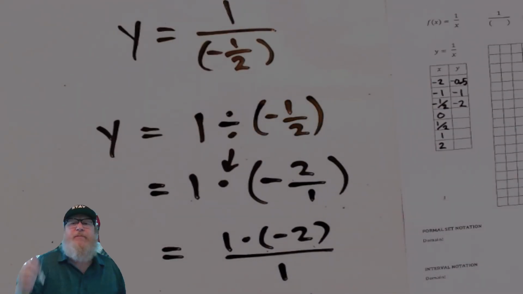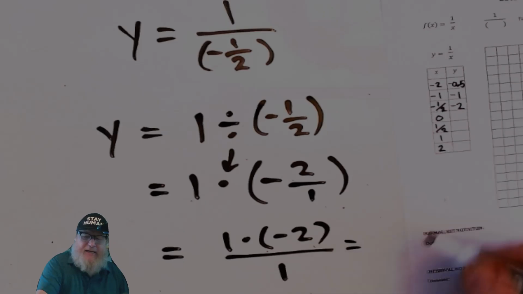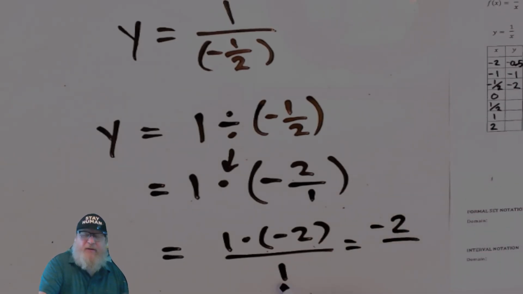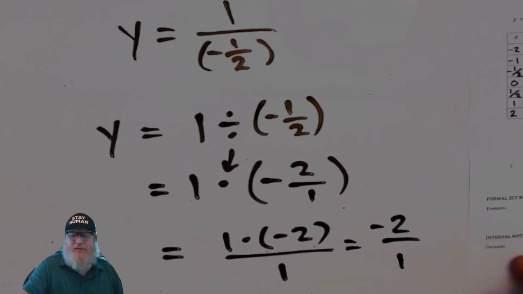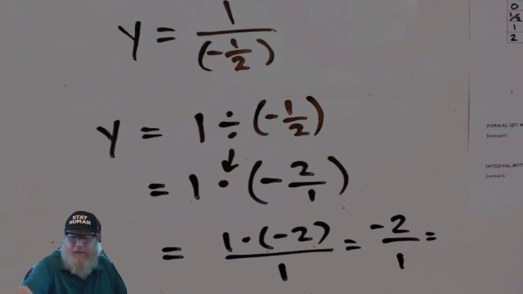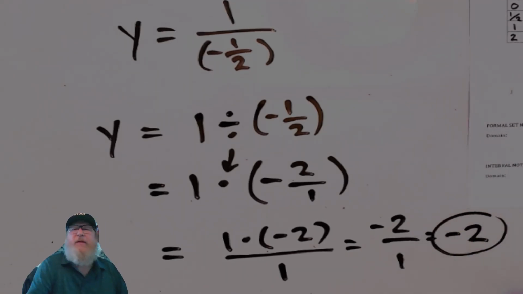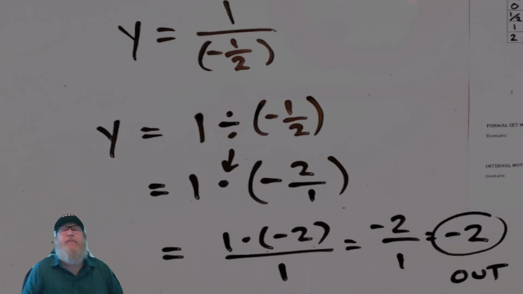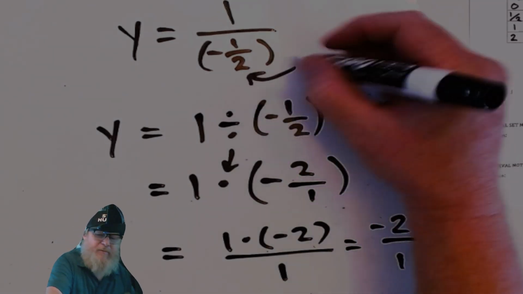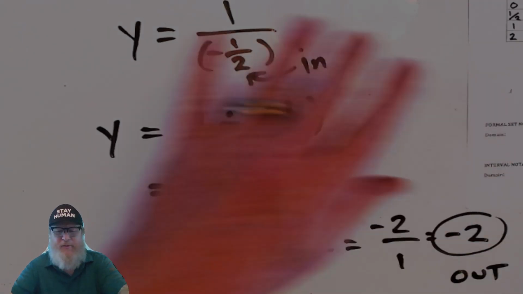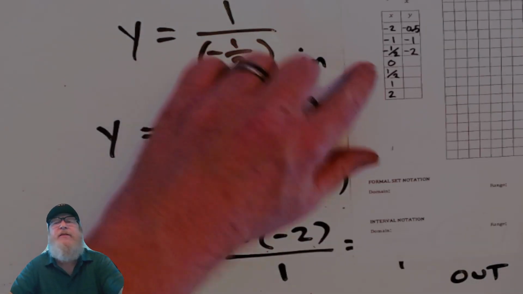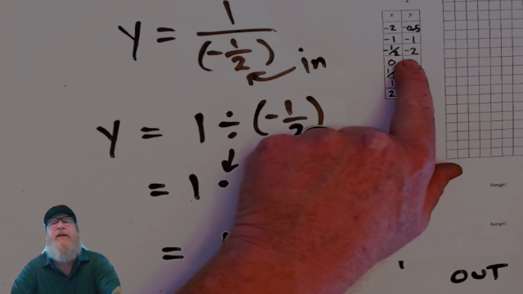There we go. 1 times -2 is -2 divided by 1. And that's just equal to -2. So that's your output. This is your input. So your input was -0.5. Your output was -2. And that is documented right here in my table.